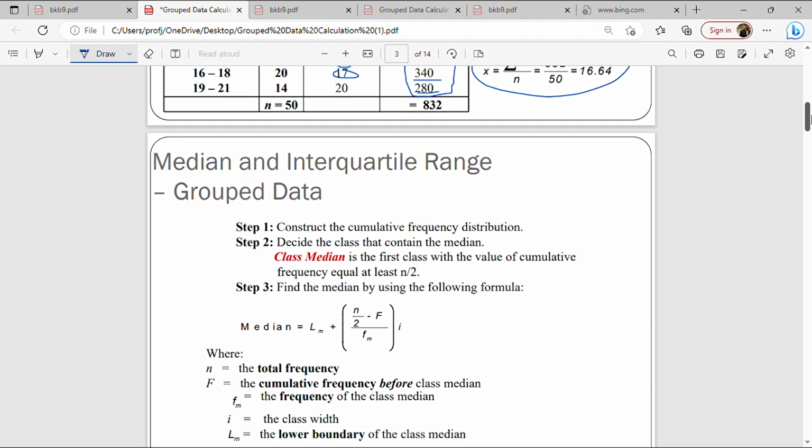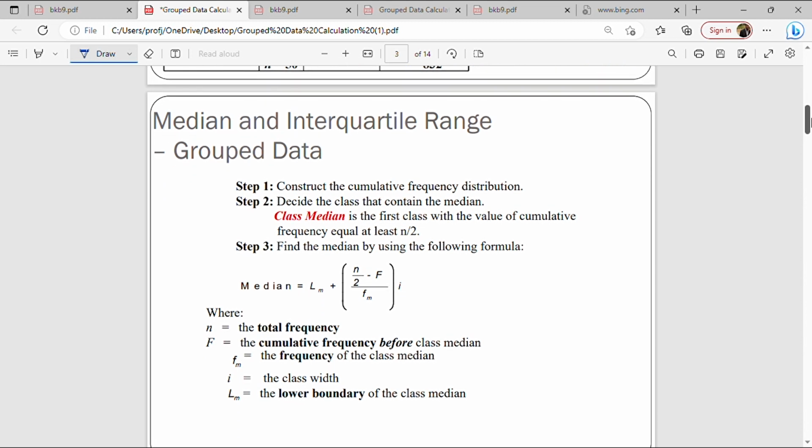Now I'm moving to the next class, median and interquartile range. I spoke earlier that you can have the first quartile, the second quartile, which is actually the median, then the third quartile, and obviously no fourth quartile. Now we look at the median.